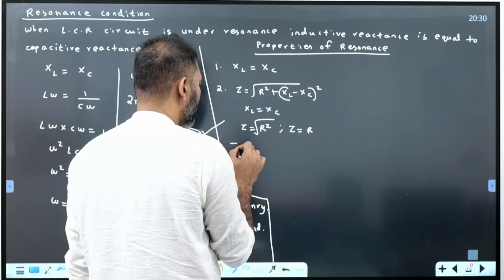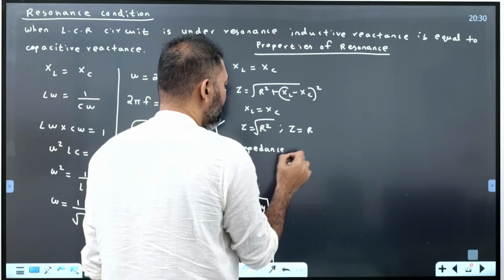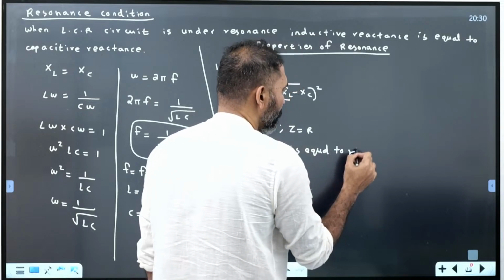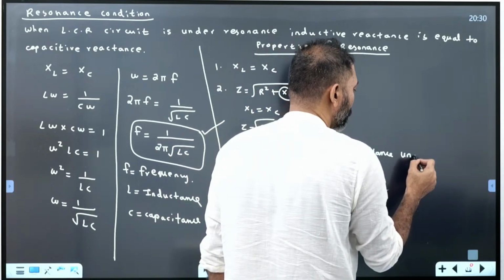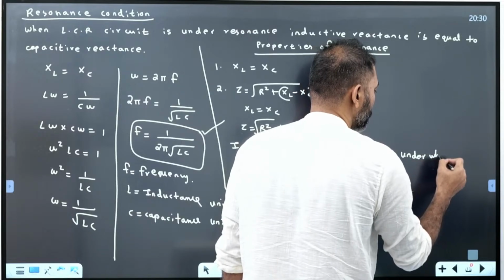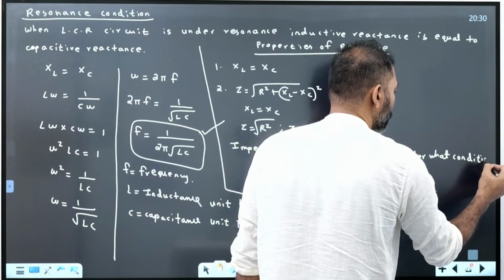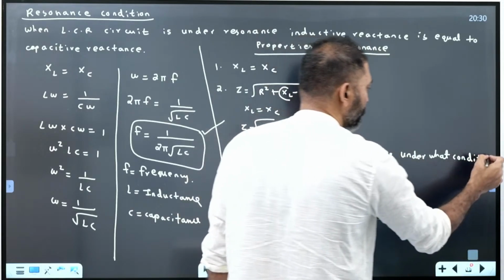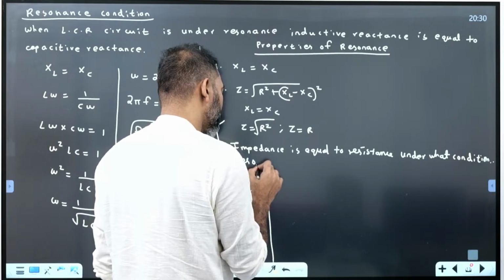So impedance is equal to resistance under what condition? What is the answer?